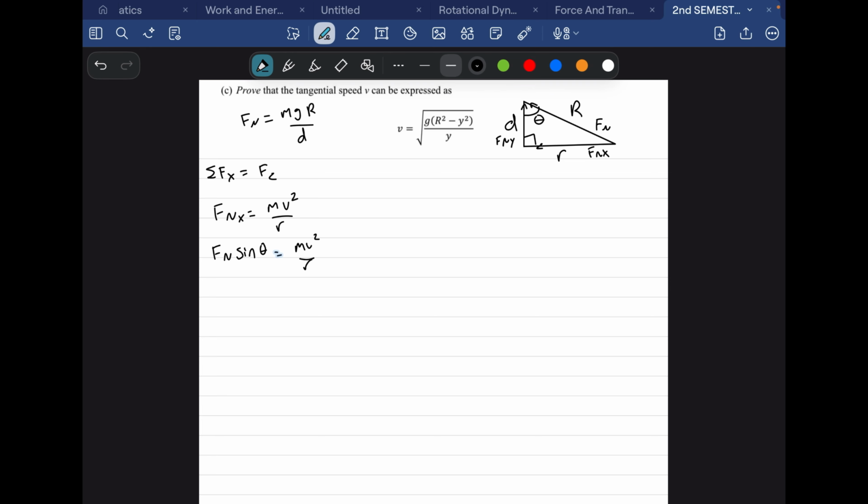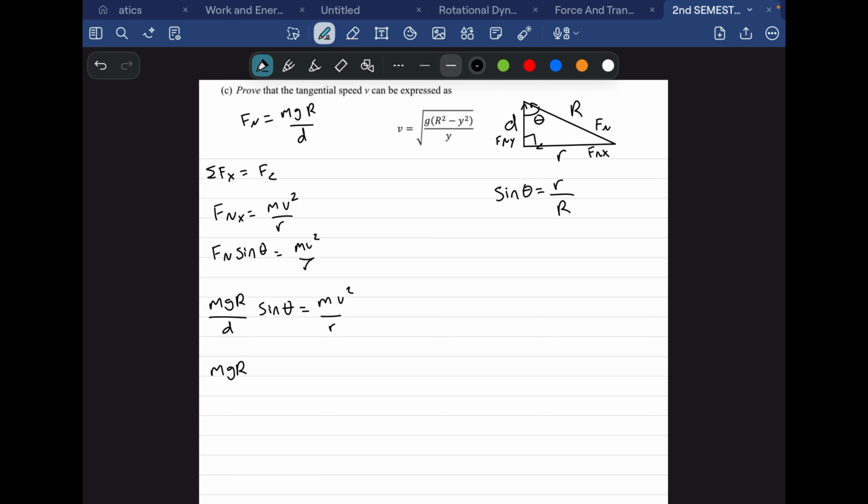So I'll plug it in. So you have mg capital R over d times sine theta equal to mv squared over r, right? And then sine theta is equal to opposite, which is lowercase r, over hypotenuse, which is capital R. So I'll plug it in for sine theta.